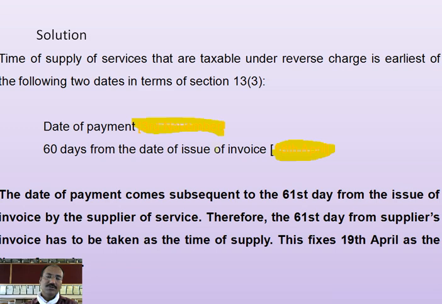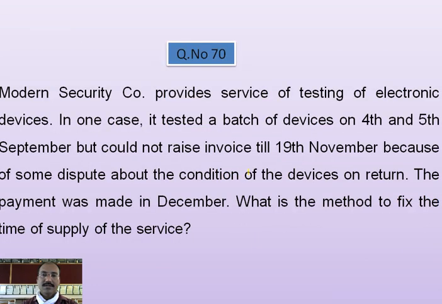So out of these two, whichever is earlier, so 18th April, it was not actually 18th April, you have to move forward one day. 19th April is the date of time of supply in case of reverse charge mechanism for legal services. Legal services come under which case? It comes under the reverse charge mechanism.